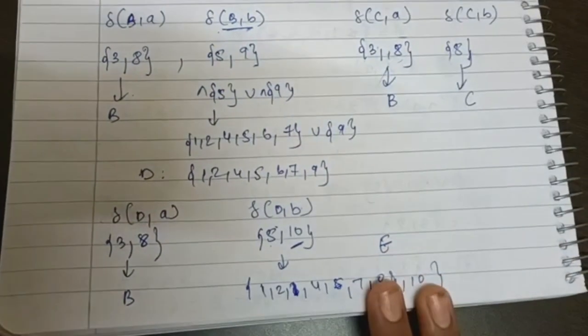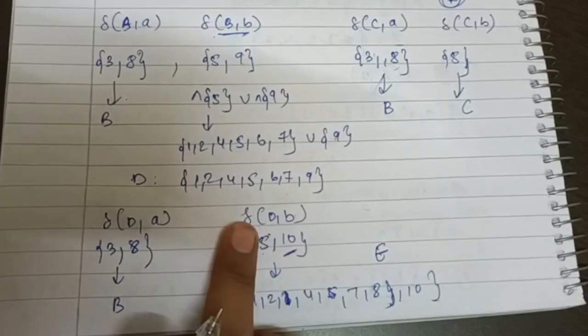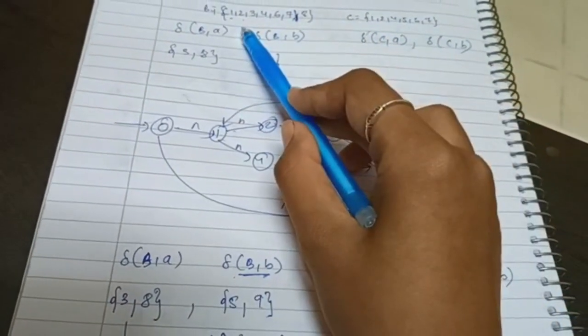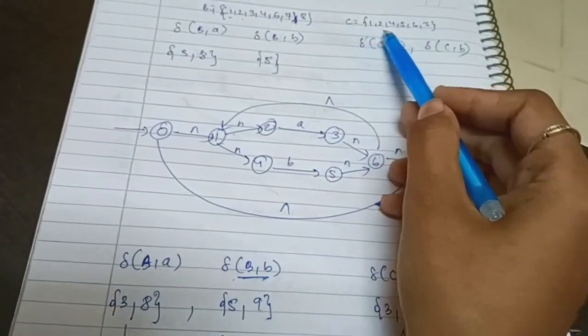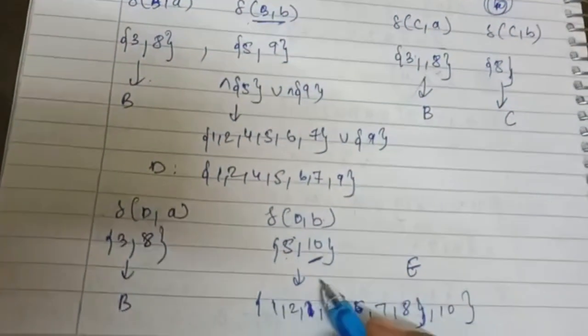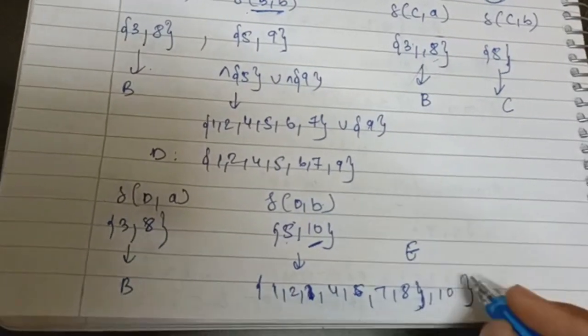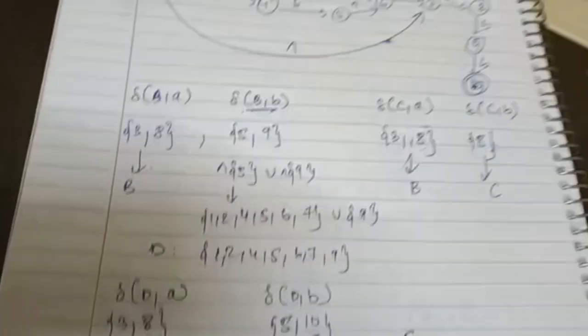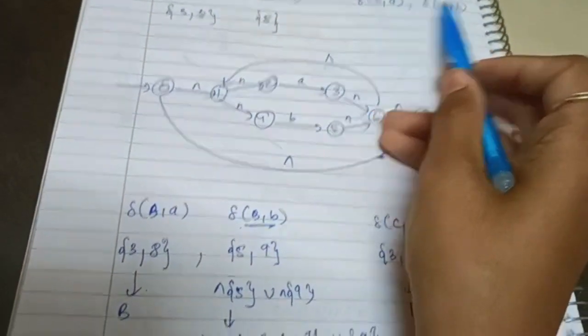Okay, so there was one mistake. What we have done here is null closure of 5: instead of null closure of 5 being C, we have written B. So let's correct it. It is 1 2 4 5 6 7. This 8 will not be there. Okay, so 1 2 4 5 6 7.